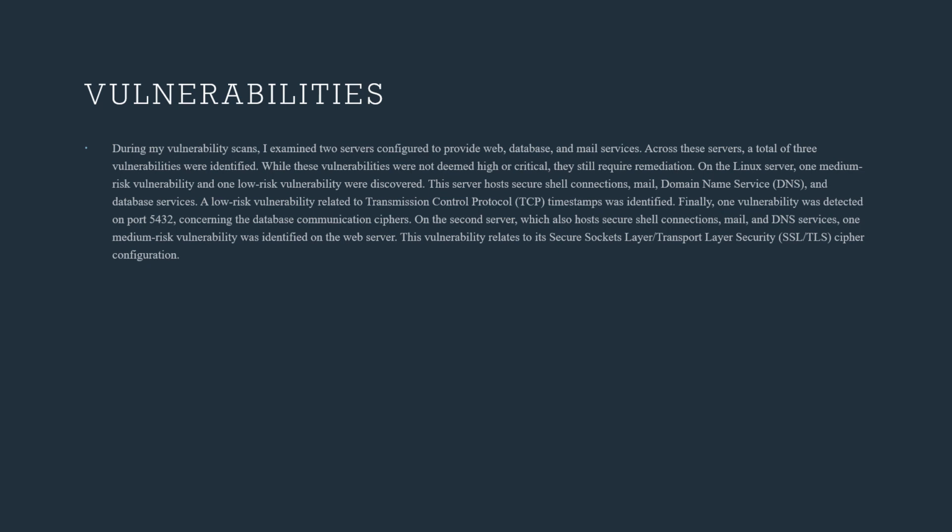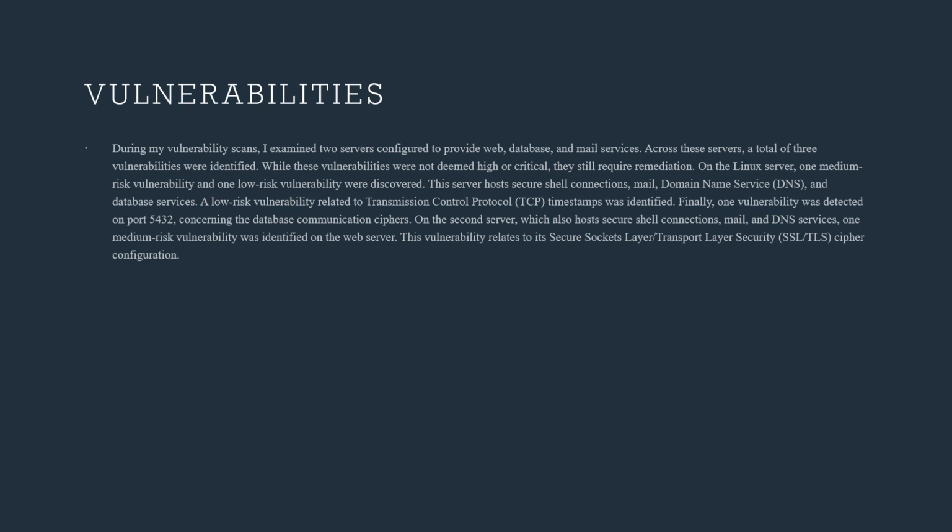Okay, this next part will be clearly about vulnerabilities. During my vulnerability scan, I examined these 2 servers that I configured to provide web, database, and mail services. Across these servers, a total of 3 vulnerabilities were identified, or findings, however you want to say it.